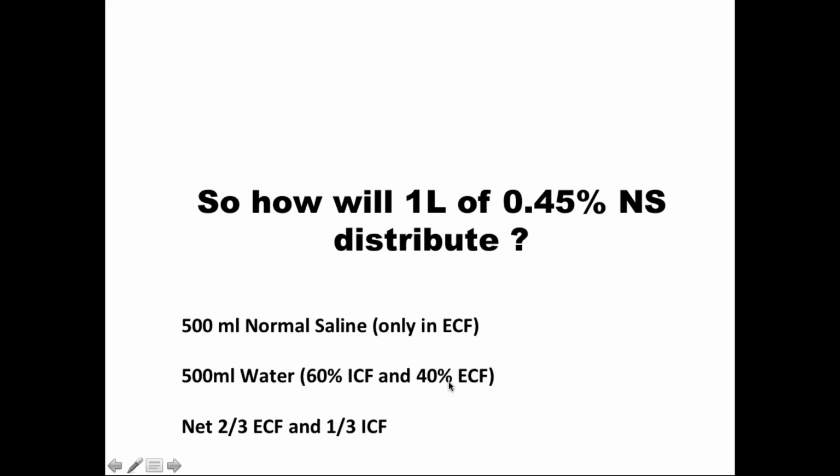So net total 1 liter, 2/3 of it is going to be in the extracellular compartment and 1/3 will be in the intracellular compartment. So this is how the fluids which we give every day distribute. And this is why when we choose fluids for expanding the extracellular compartment or intravascular repletion, normal saline is the best fluid out of the ones that we talked about today.